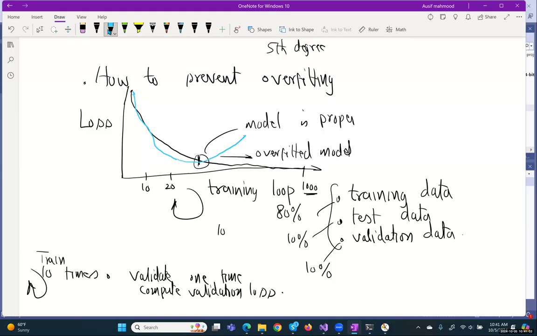Remember, validation is not being used in training. It's just being used to verify how good it is doing on the unseen data. So wherever that crossing point is, that is when we should stop training. That model will be the best model.